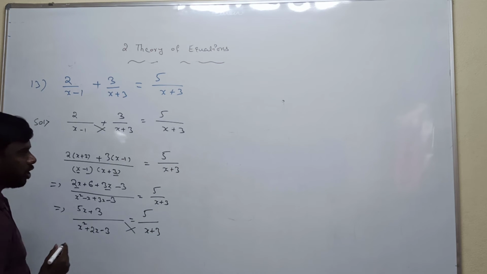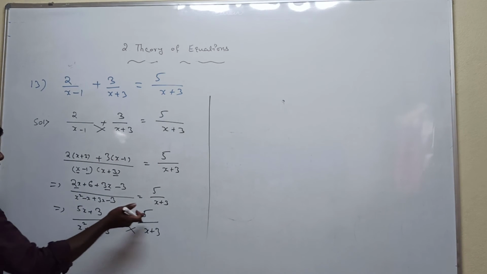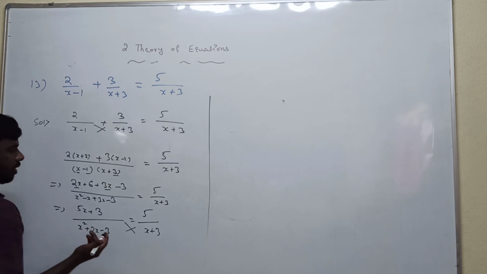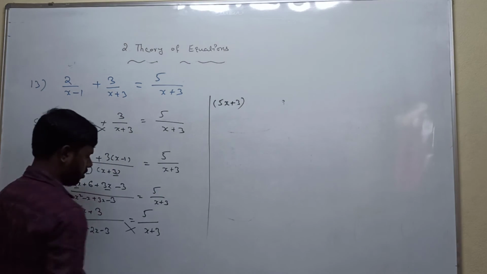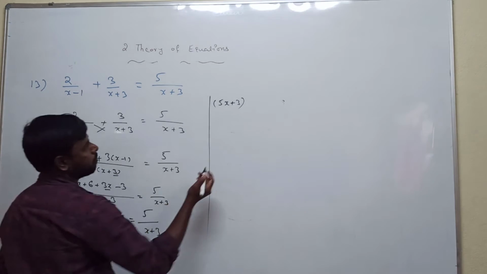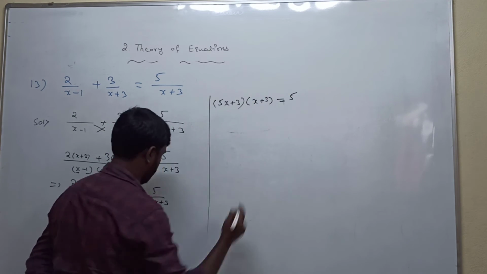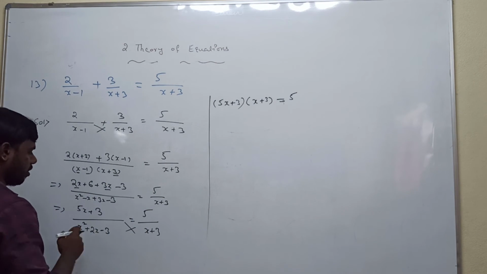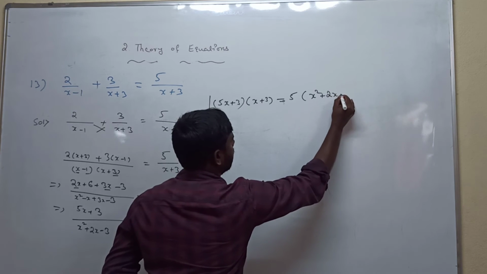Next is cross multiplication. This will be multiplied with the numerator value, this with the denominator value. So the left side numerator is 5x plus 3 into cross multiplication x plus 3 is equal to 5 into the denominator value, x square plus 2x minus 3.